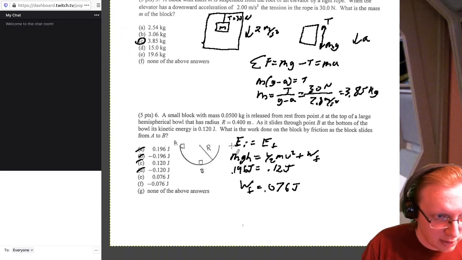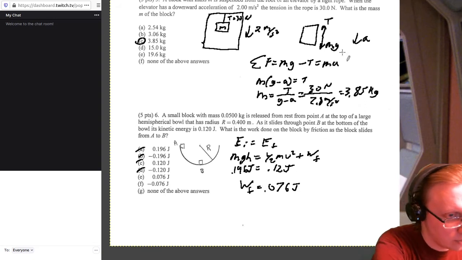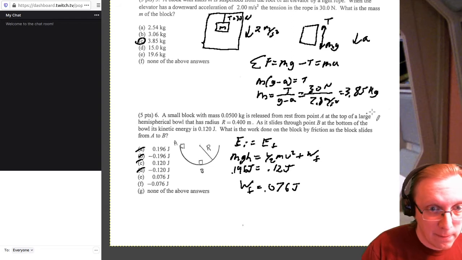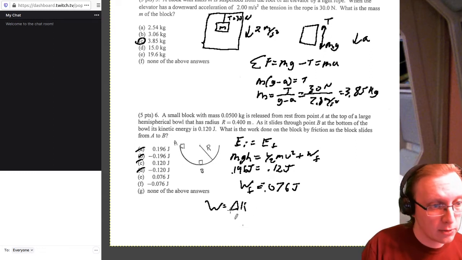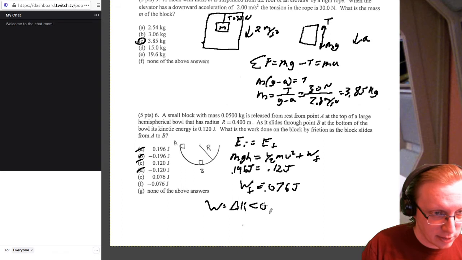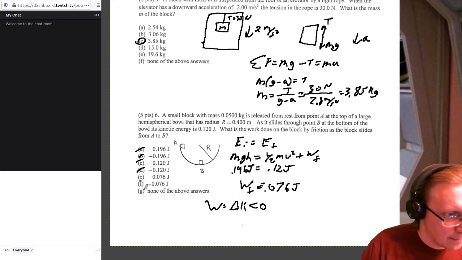It should be over here on the initial side, which means that this is a minus. Which makes more sense when we consider that work is changing kinetic energy, and friction only slows things down. Therefore, change in kinetic energy must be less than 0. So this must be minus 0.076.